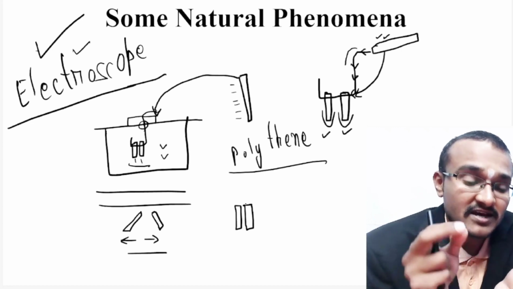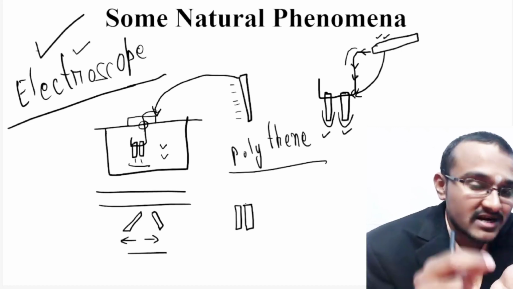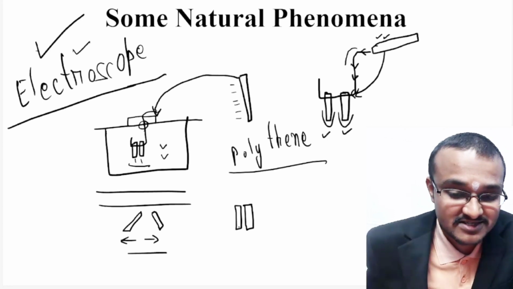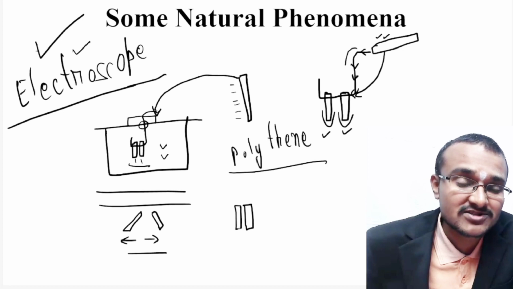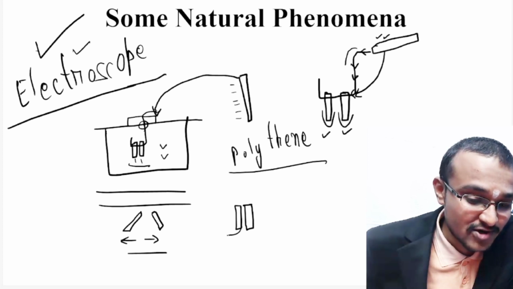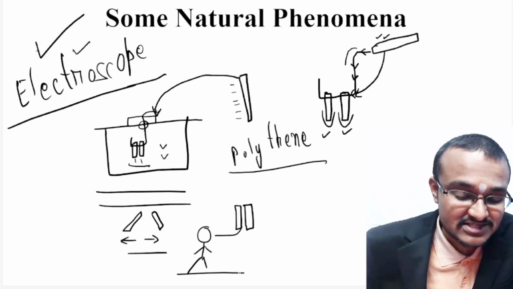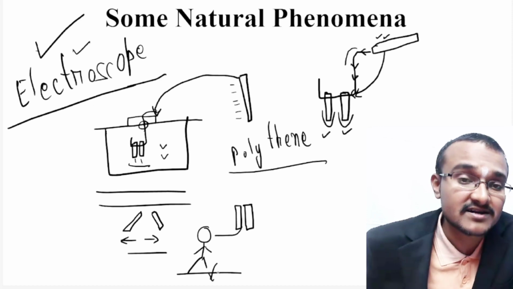That is because the human body, being a good conductor of electricity, lets the charges which were accumulated on the metal strips get transferred through your body, and those charges enter the earth's surface.